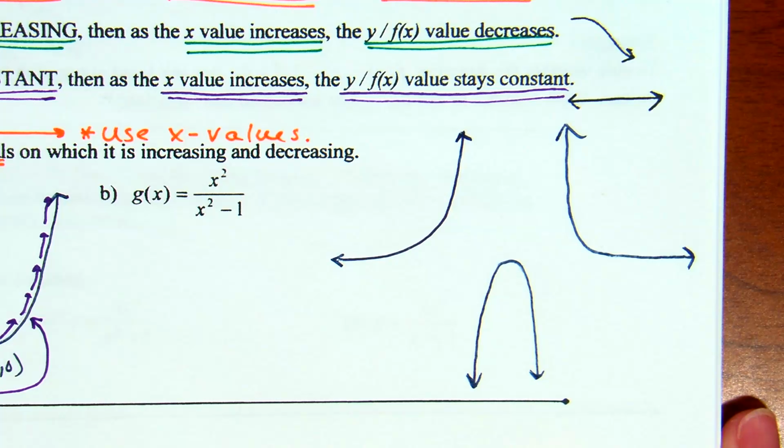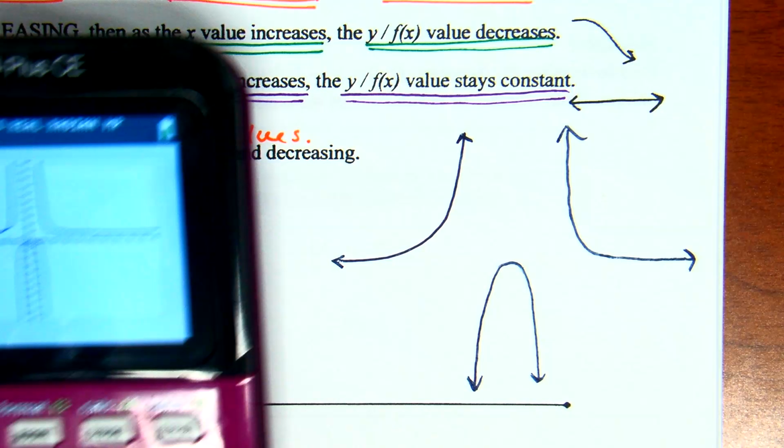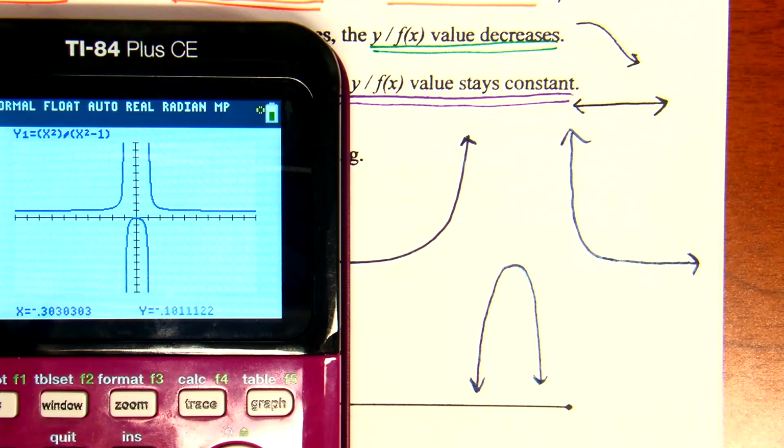I've got my calculator here that we can use as well. I'm actually going to hit trace, and I'm going to arrow all the way over to the left side of my screen just so I can demonstrate something here in a moment. Okay.